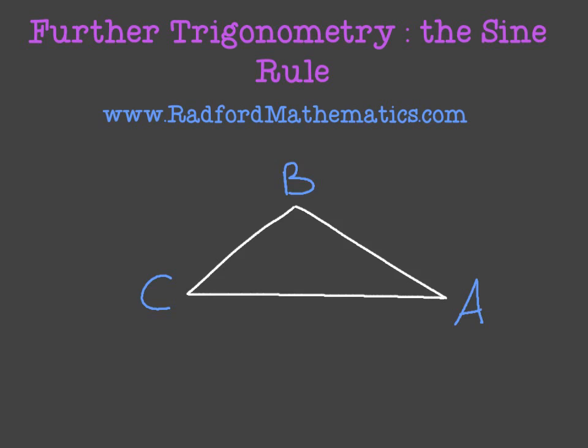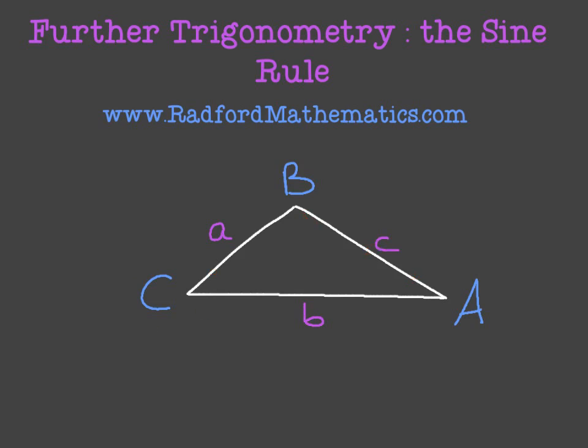I can see that this side length here is facing the angle A, so we'll label it lowercase a. In a similar way, this side length faces the angle B, so we'll label it lowercase b. And finally, this side length faces the angle C, so we'll label it lowercase c.